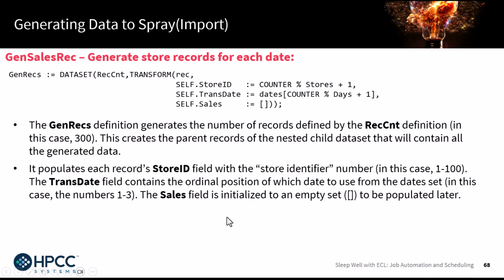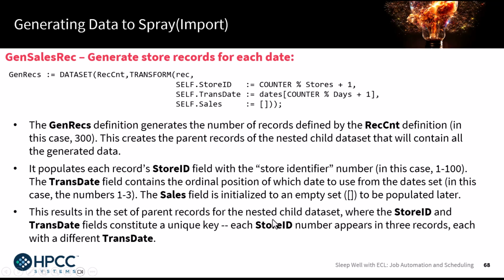All right, we populate each record store ID with the store identifier number, in this case a number from 1 to 100. The transdate field contains the ordinal position of which date to use from the date set, in this case the numbers 1 through 3. And the sales field is initialized to an empty set to be populated later. That's our nested child data set.